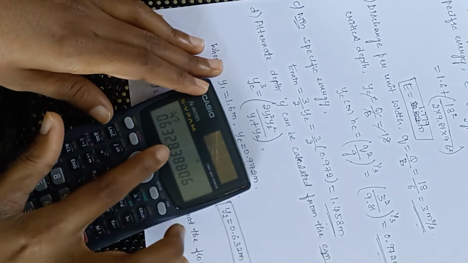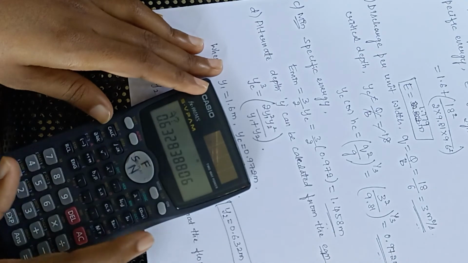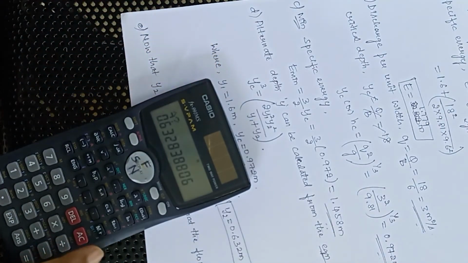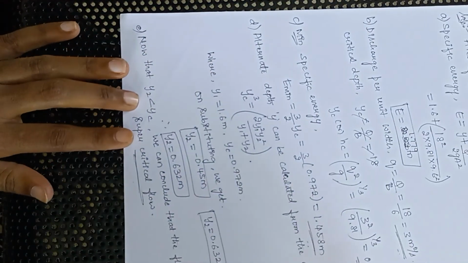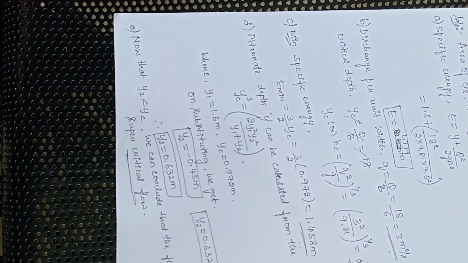You will get a value of 0.6328, which represents your corresponding depth. That completes the fourth case.